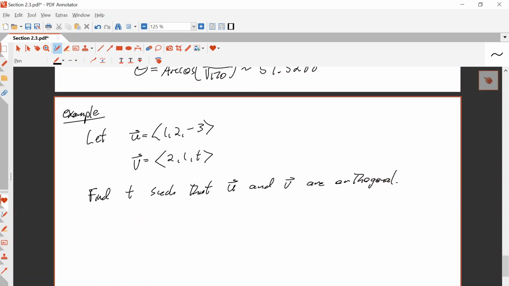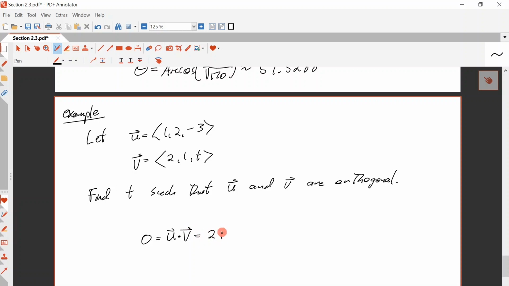All right, find the value of t that would make these two vectors orthogonal. So actually there always will be one. Given a vector u and a vector v with one unknown component like that, you're always going to have one value of t that makes it orthogonal, because the dot product being 0 just governs when these guys are orthogonal.